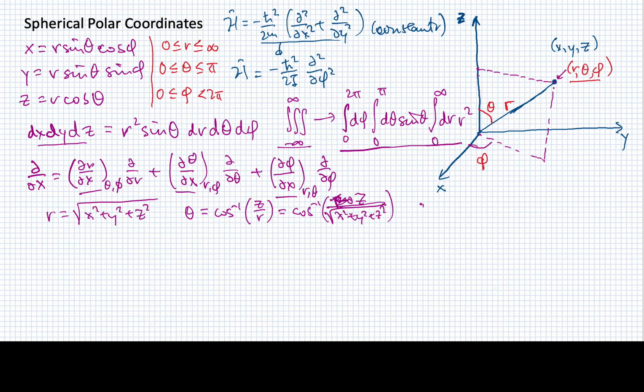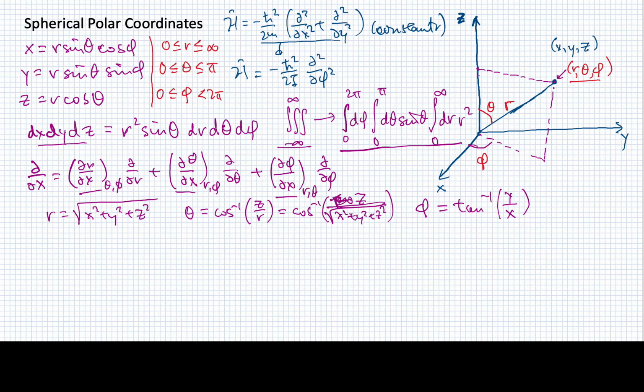And finally, phi would be the inverse tangent of y over x. All right, so those things would help you with that.